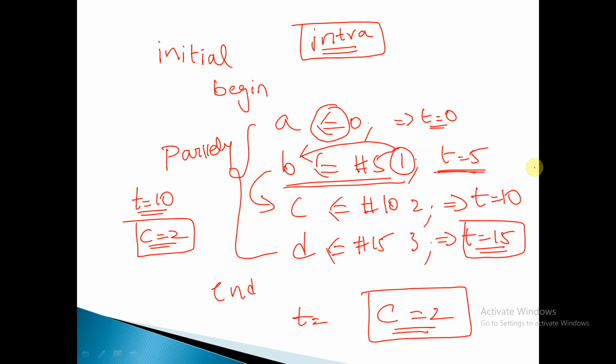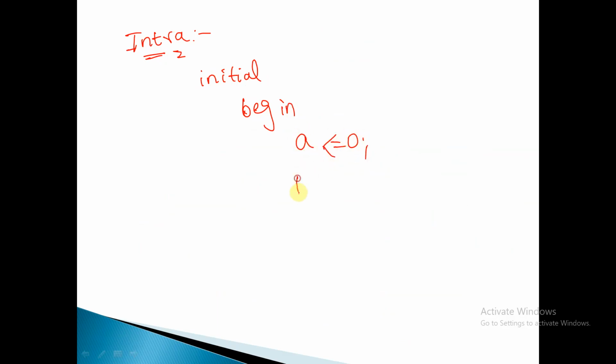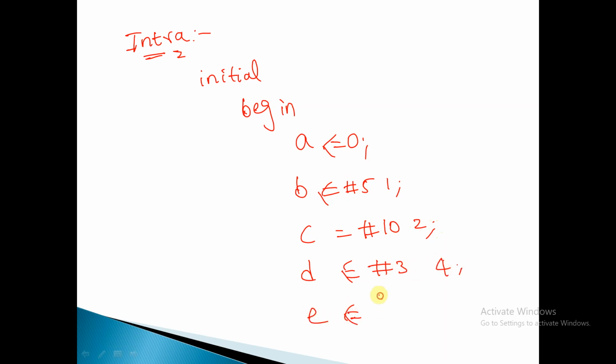Yeah. Now, let us take one more scenario with intra-assignment delays. Initial, begin, a equal to 0, b equal to #5 1, c is equal to #10 2, d equal to #3 4, e is equal to #5 6.